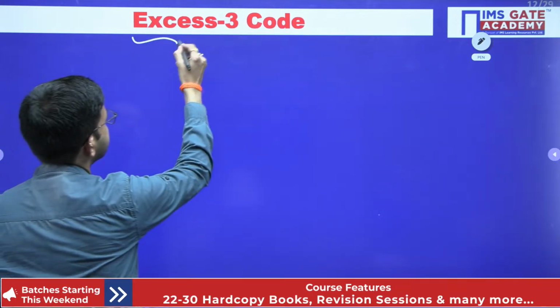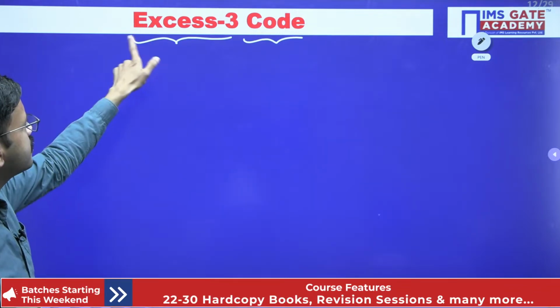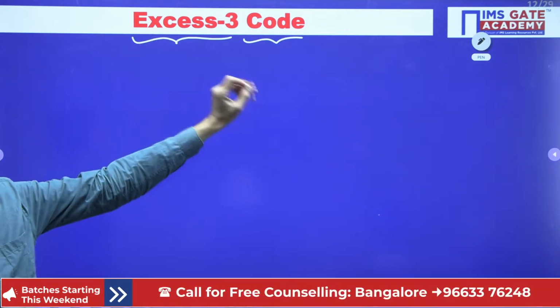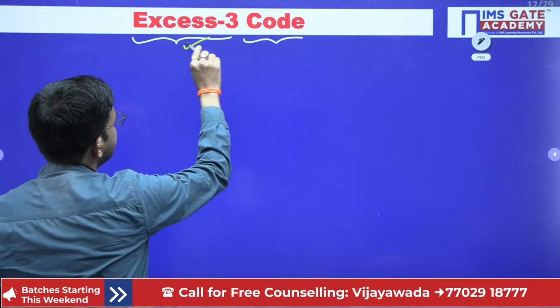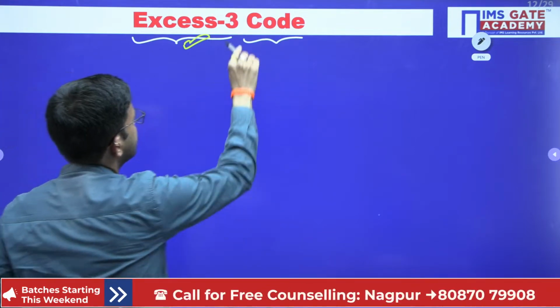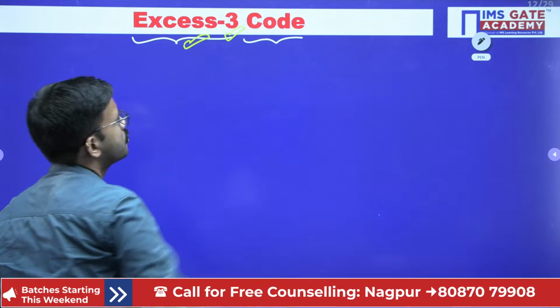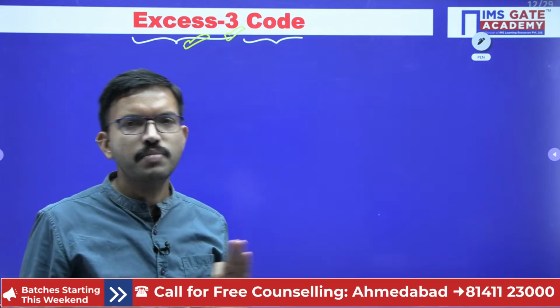XS3 code. So here just by looking at this word, you are already getting the clue. What is the clue? Here, the name XS, how much? 3. XS3 code. Okay, so that means this code also we are using for decimal digits only.